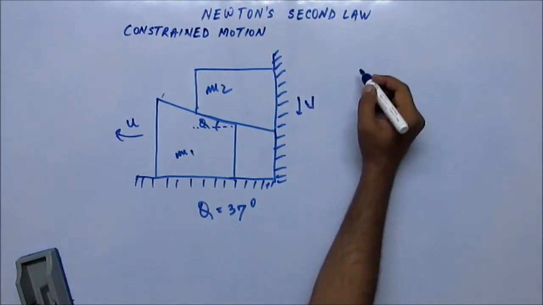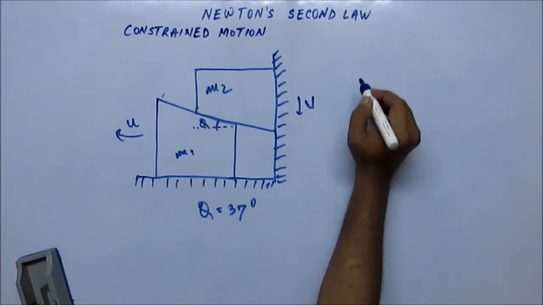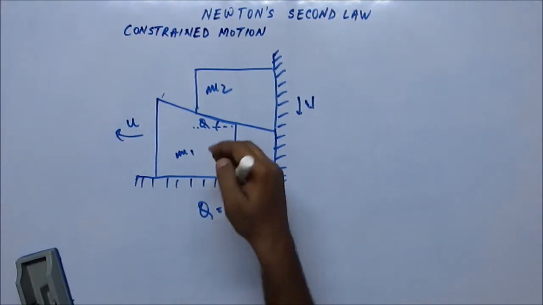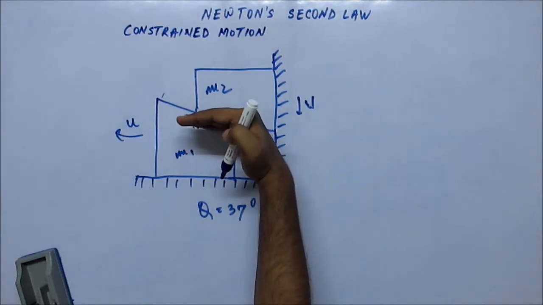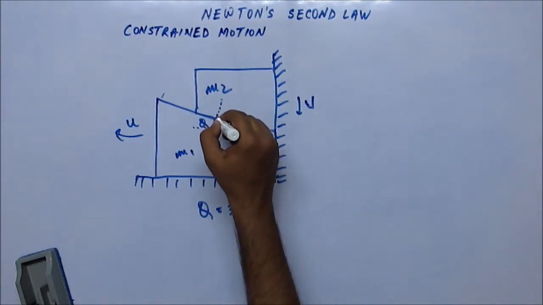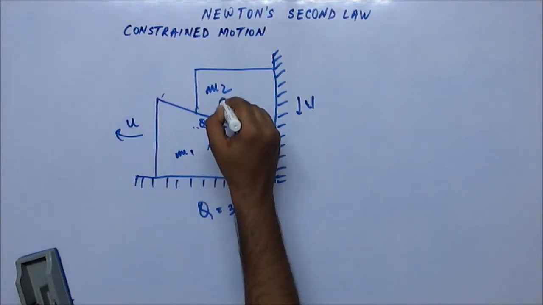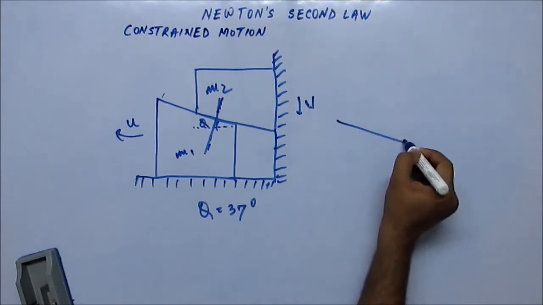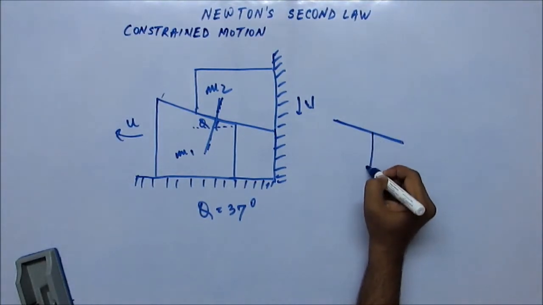The relation that you must have found using the same concept that we did in the previous question, that there shouldn't be any relative velocity with respect to the plane, perpendicular to the plane of the wedge. Along this line, there shouldn't be any relative velocity. V will be downward.